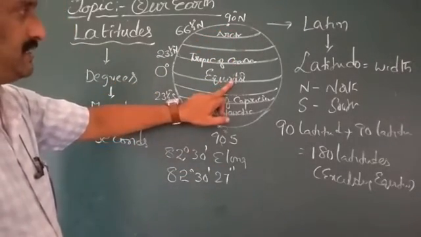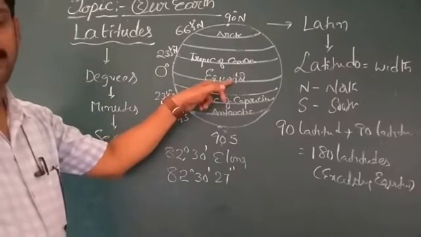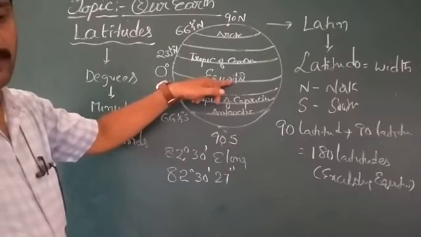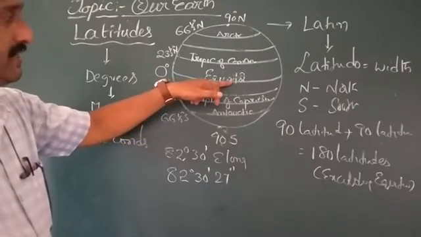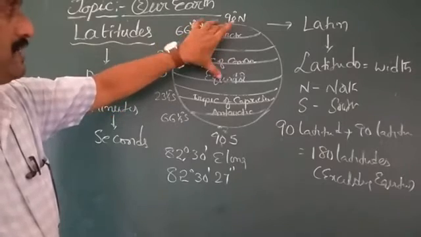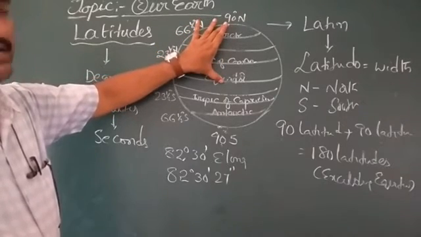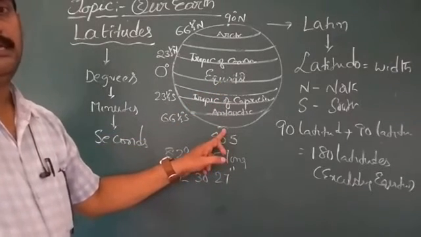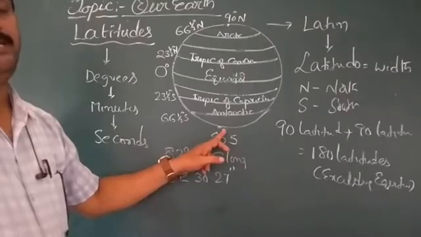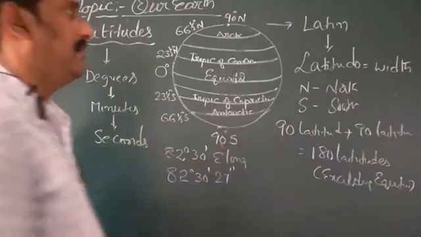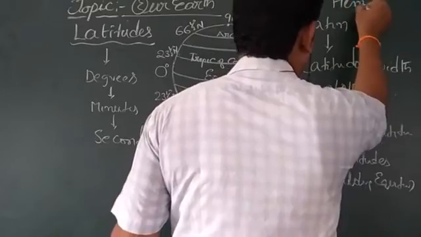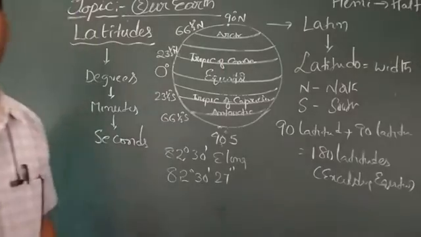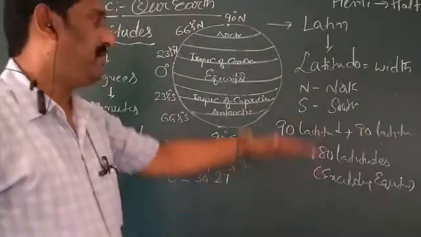See once here, my dear children, which part we are saying: the half of the earth between the equator and the north, this part we call the northern hemisphere, and the equator to the south we call the southern hemisphere. Hemi means half. Sphere means ball. Half of the ball.